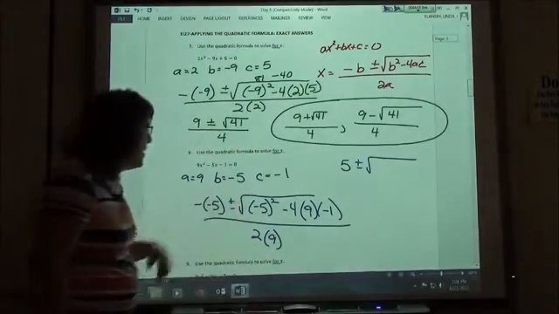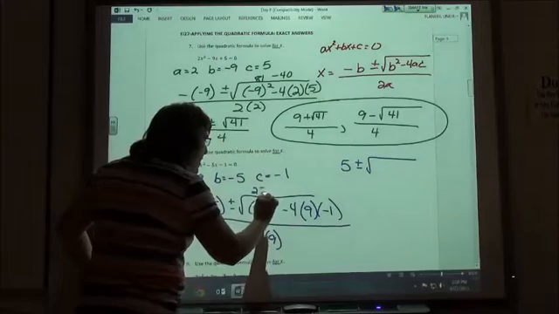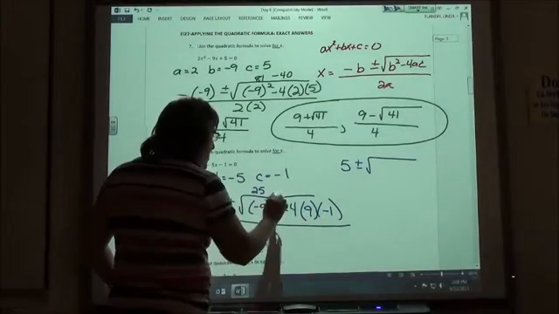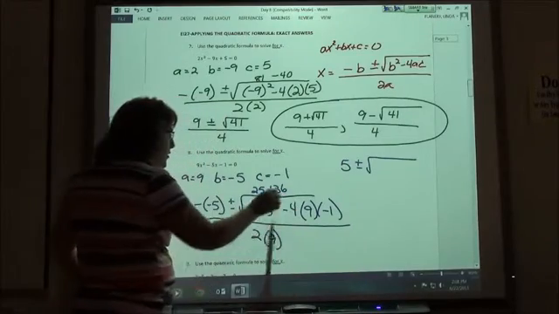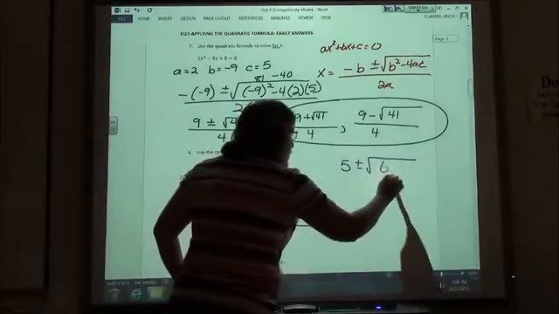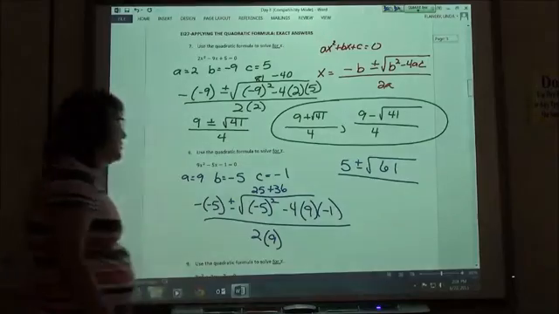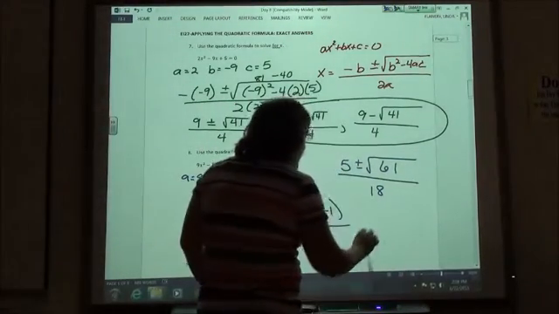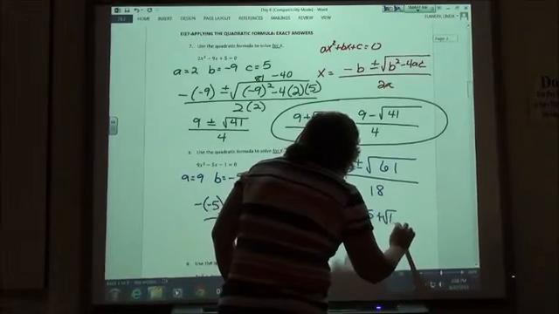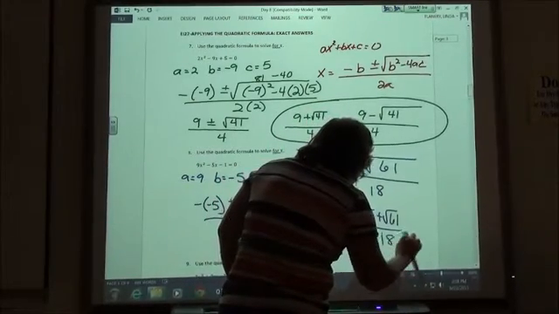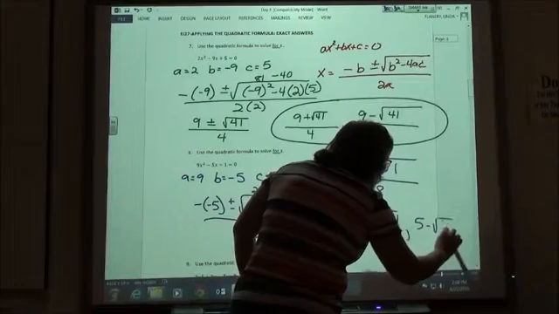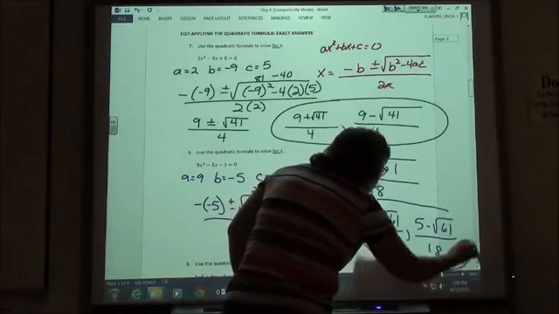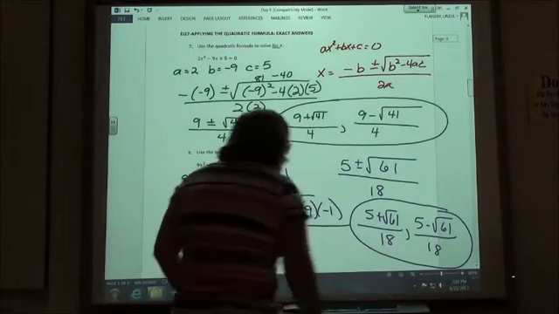On my square root, a negative 5 squared is 25. Negative 4 times 9 times negative 1 would be positive 36. So adding those together, I get 61. And then 2 times 9 is 18. So 5 plus the square root of 61 over 18, and 5 minus the square root of 61 over 18 are going to be the 2 solutions that you have to type in.